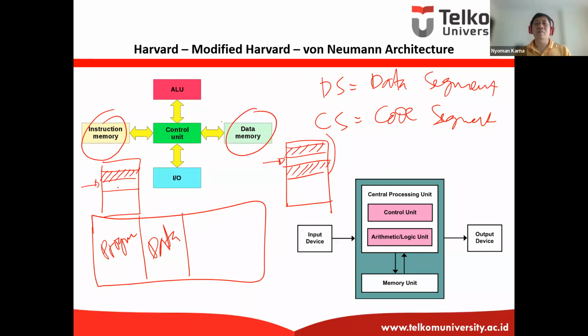Okay. Now, because the Harvard architecture is very expensive, we have something that we call modified Harvard architecture.